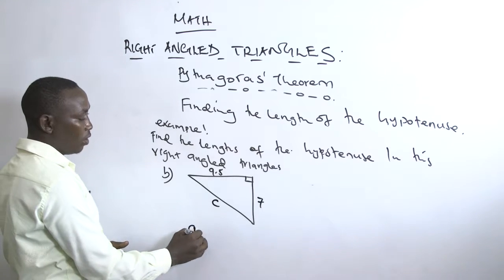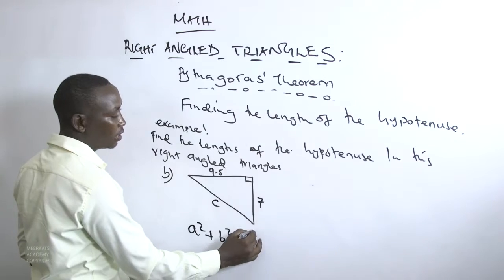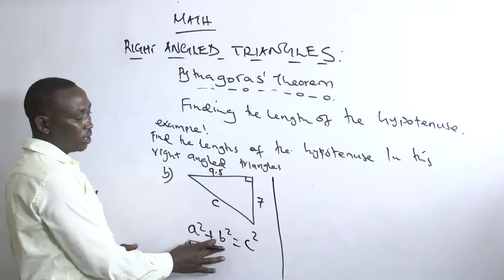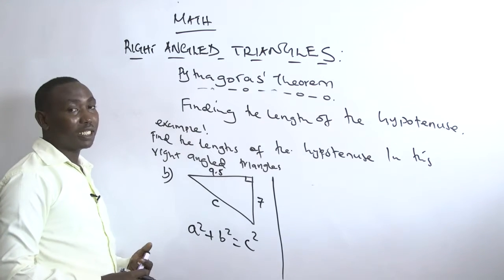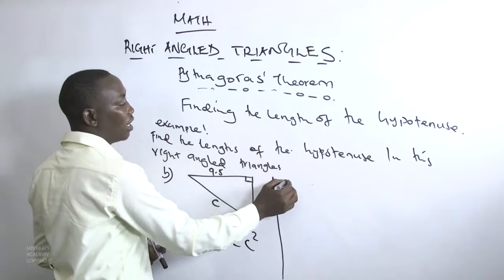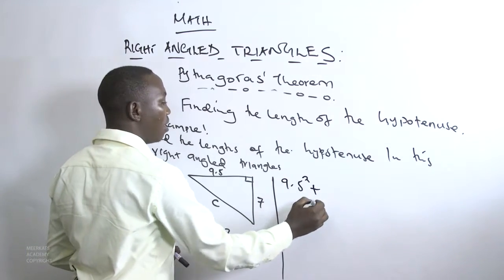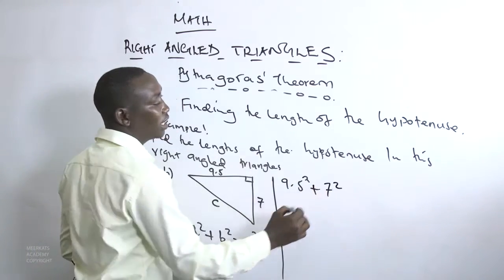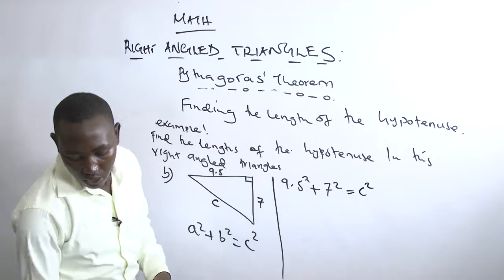Again, we said we use the Pythagoras Theorem, a squared plus b squared is equals to c squared. Now, these are the sum of the squares of the two shorter sides. Therefore, we take one of the shorter sides is 9.5, so that will be 9.5 squared, plus the other shorter side is 7, so we take 7 squared, should give us c squared.